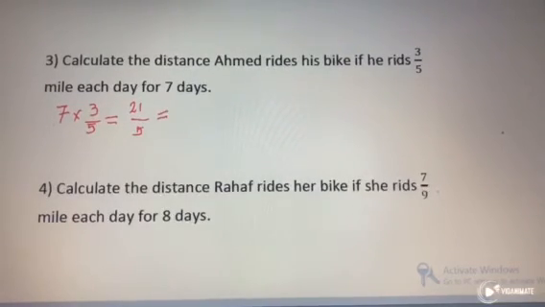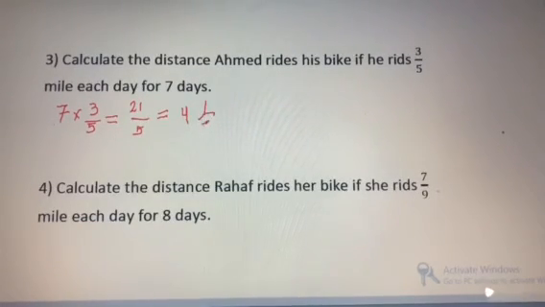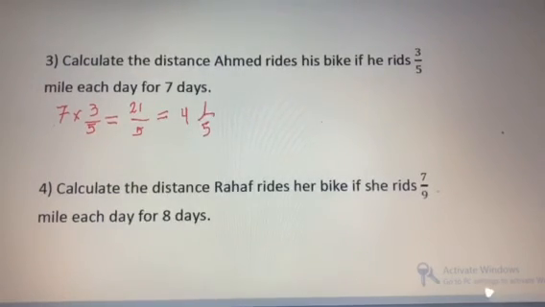Now which number do I multiply by 5? The answer will be 21 or less. Yes, 4 multiply 5 equals 20. Then we have remainder 1. I will write the remainder as a fraction with the same denominator. The answer will be 4 and 1 over 5.